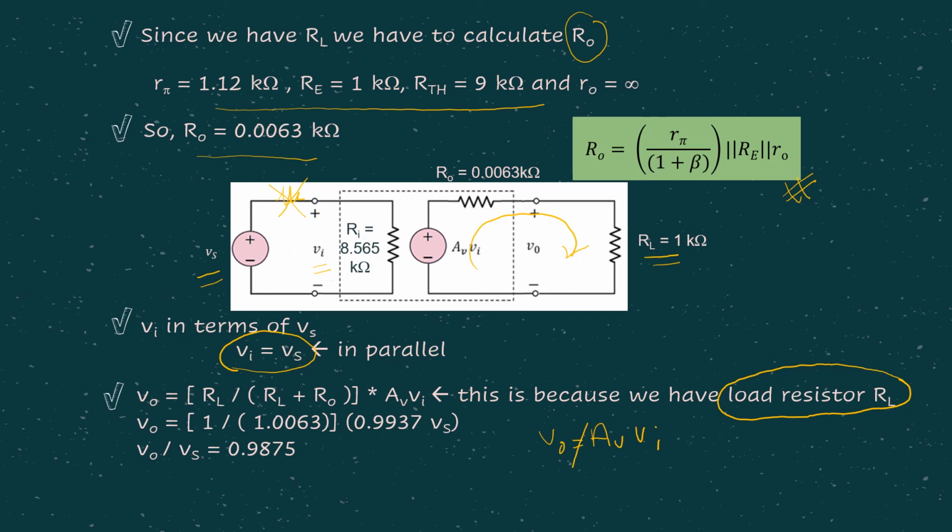Then remember, we are having AVVI, where AV we already found just now, and VI actually is just equals to VS. So we are having V0 in terms of VS. We get the ratio of it. So this will give us the voltage gain. Obviously, for common collector, remember, it is always close to 1 because it is not a good voltage amplifier.